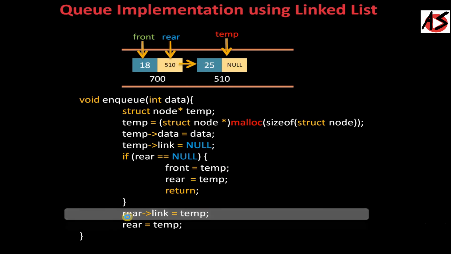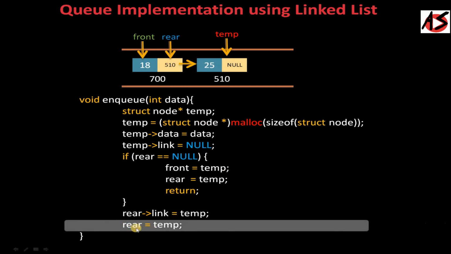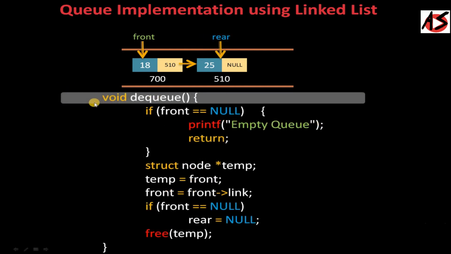Using the last line you set rear is equal to temp, so you update your rear pointer to the last node. That is the required part of the queue implementation. So you have inserted nodes from the rear side. Now if you want to delete a node, you can delete it from the front side only. So we will call the dequeue function for the deletion.